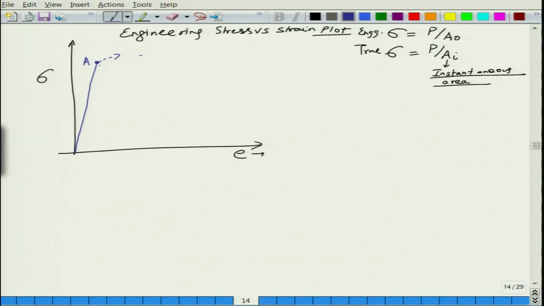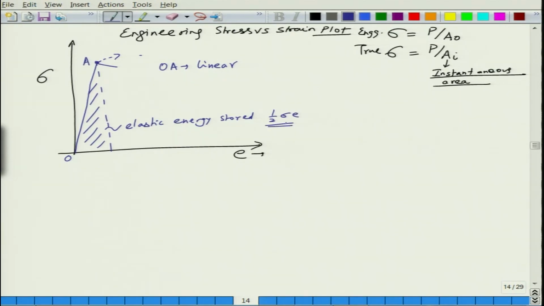So, from O to A it is linear, and the area under the curve is basically the elastic energy stored, which is half of sigma E essentially.